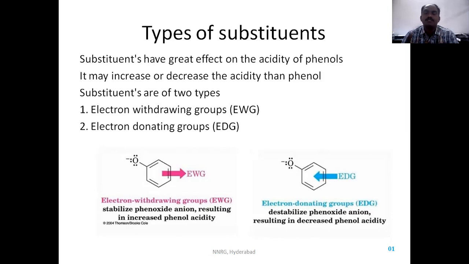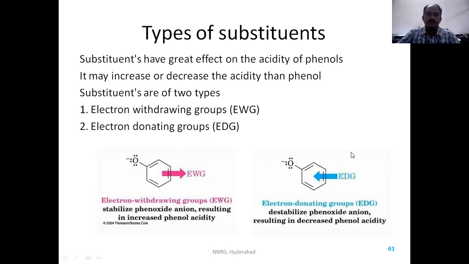The acidity decreases. In other terms, an electron donating group destabilizes the phenoxide ion, because the proton is not lost and the phenoxide ion is not formed effectively. So electron withdrawing groups increase the acidity, and electron donating groups decrease the acidity.